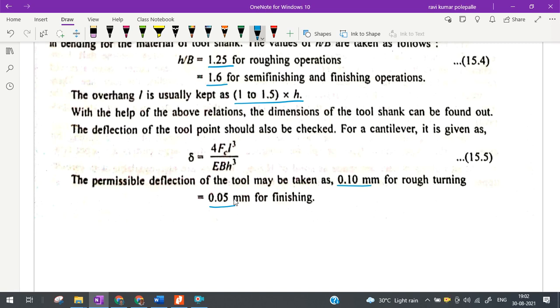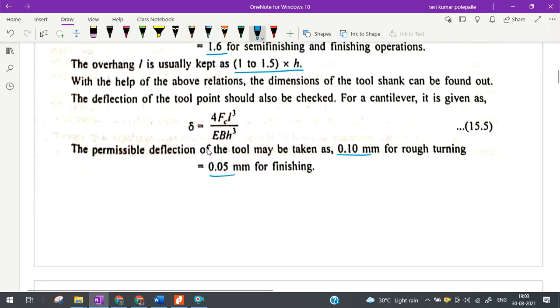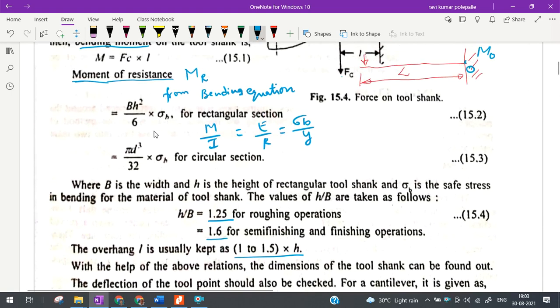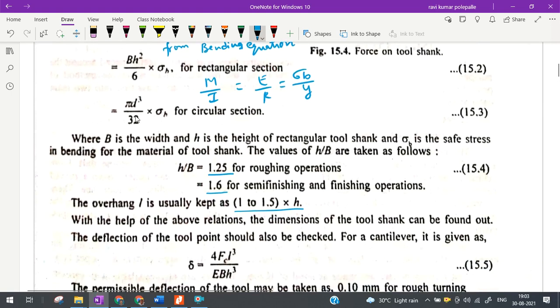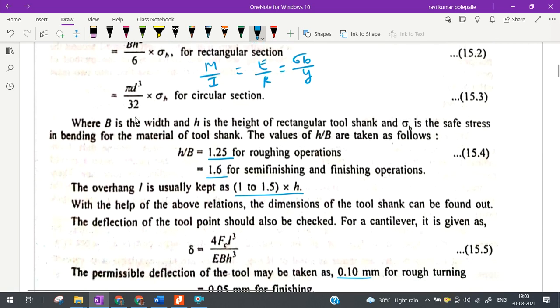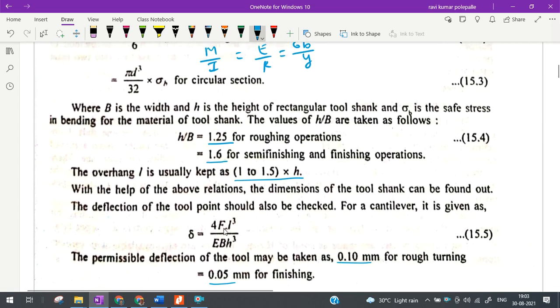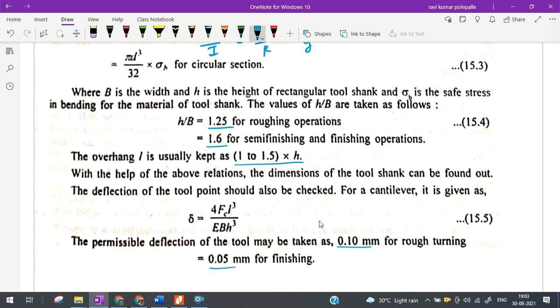So delta can be found by WL cube by 3EI, where I is BH cube by 12.